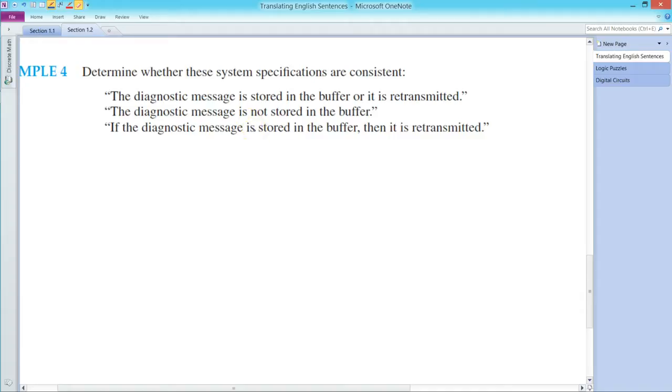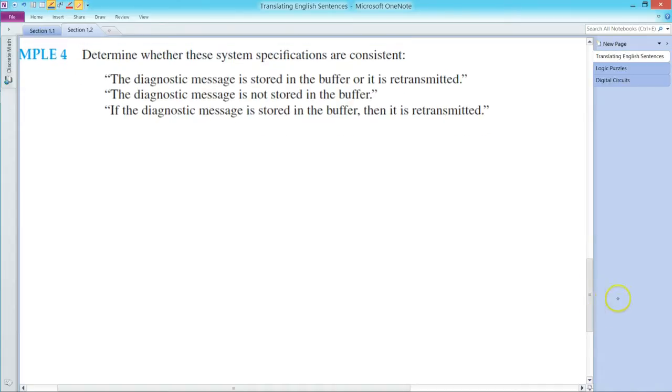System specifications should be consistent. That means they should not conflict with each other. This can be used to derive contradictions in system requirements, especially when you are developing software. So let's see how we can prove the consistency, or the non-consistency, of these three statements.